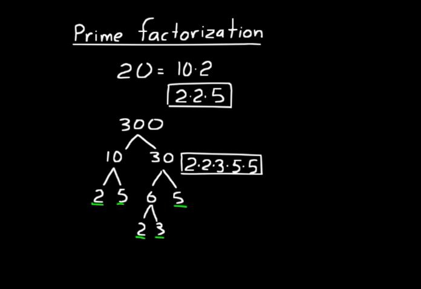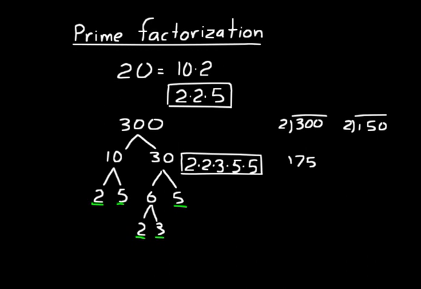Another method for a big number is just dividing by prime numbers, because then you know you definitely have a prime factor. If you divide by primes, let's just use 300 as an example again. We could do 300 divided by 2 since it's an even number, and then we'd get 150. Divide that by 2 since it's still even, and we would get 75.